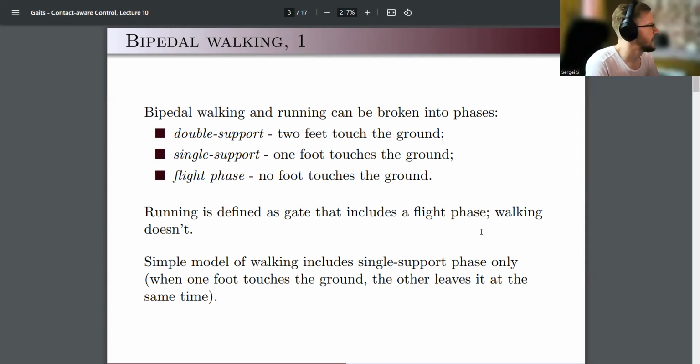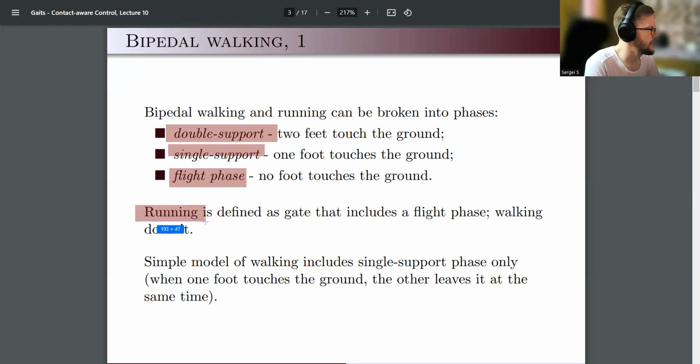Now, bipedal walking and running can be broken into phases. Those phases include double support, when two feet touch the ground, single support, when only one foot touches the ground, and the flight phase, that is when neither of the two feet touch the ground.